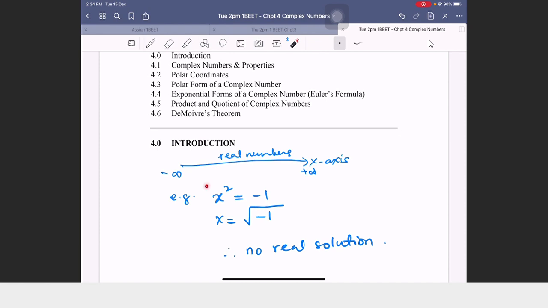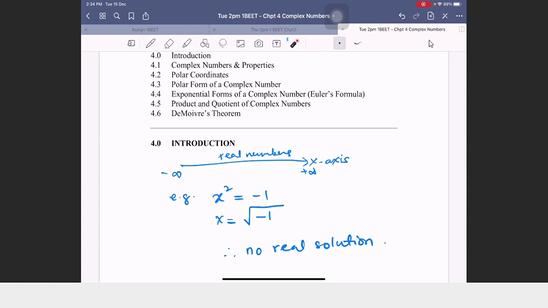The statement x squared equals -1 means you have a number which, when squared, gives -1. There is definitely no such number, because if x is positive, you square it and get a positive number. If x is negative, you square it and it also becomes positive.